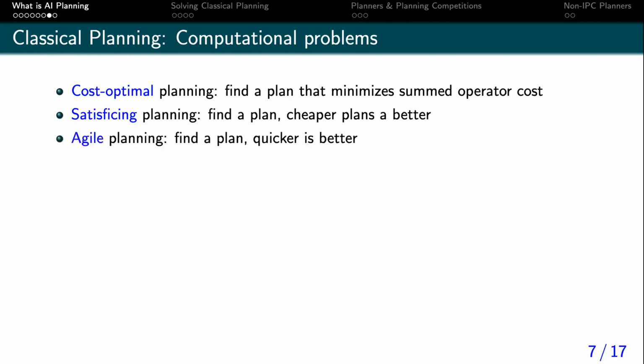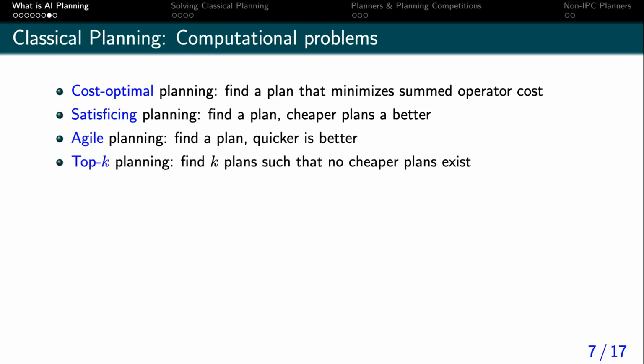In agile planning, we care only about how quickly a plan can be found, ignoring completely its quality. For top-K planning, basically top-K planning generalizes the cost optimal planning, requiring to find K plans of top cost instead of one.